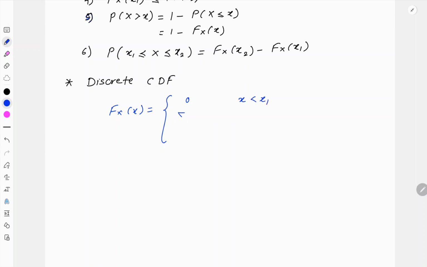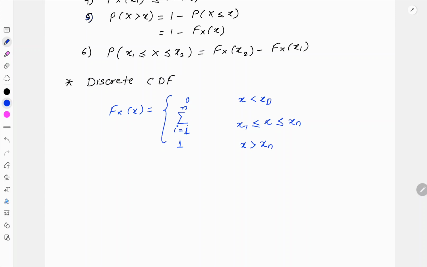It takes the value summation i equal to 1 to n for the range x lies between x1 to xn, and last this value is 1 for x greater than xn.